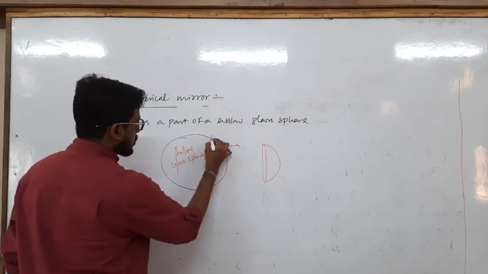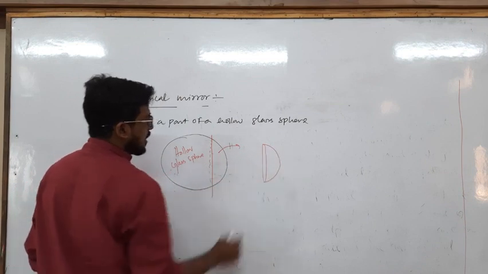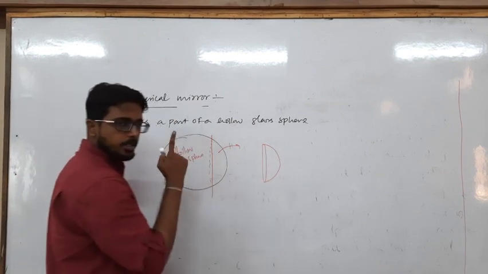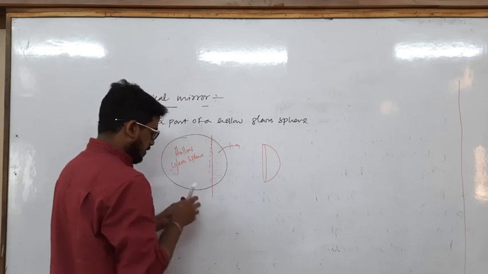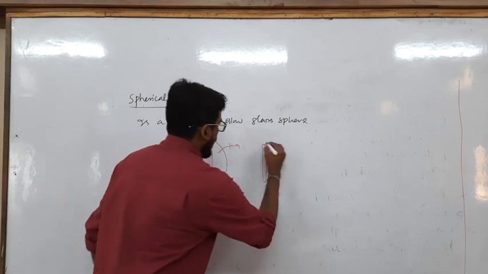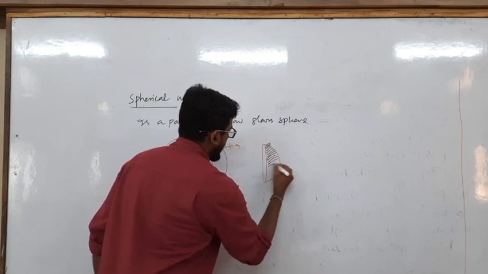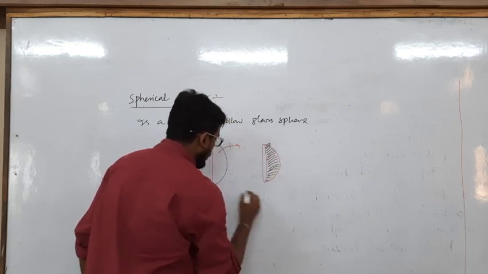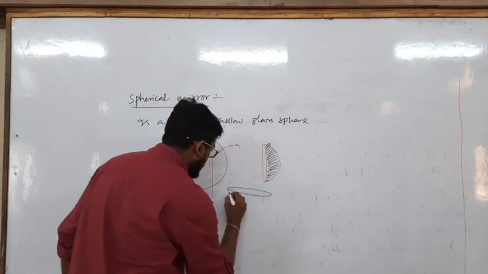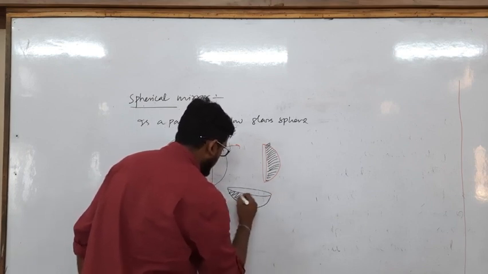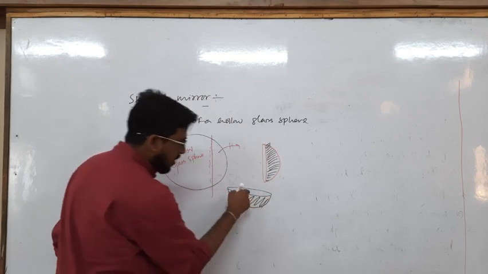If I cut this portion, this segment will look like this, and this part will become a spherical mirror if I apply an opaque coating from the outside like this. Then the outside is completely opaque, so the inner surface will become reflecting.